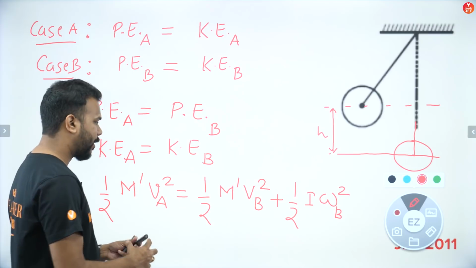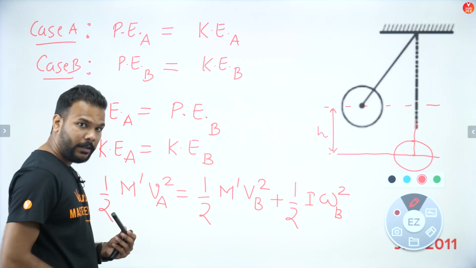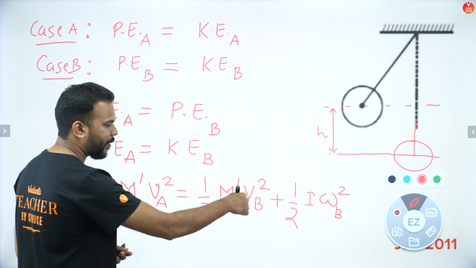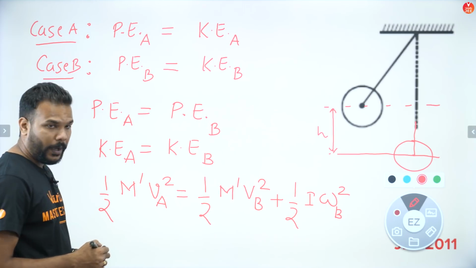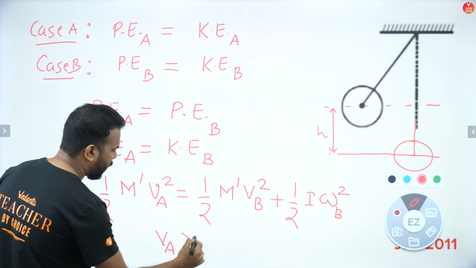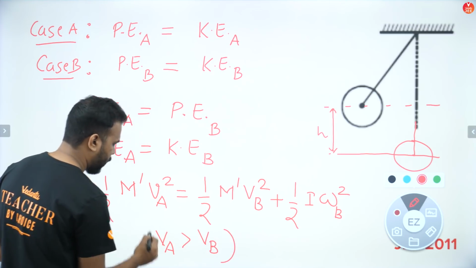Can I say that if we just compare the translational kinetic energies, then this half mVA square should be greater than half mVB square, which concludes that VA should be greater than VB.